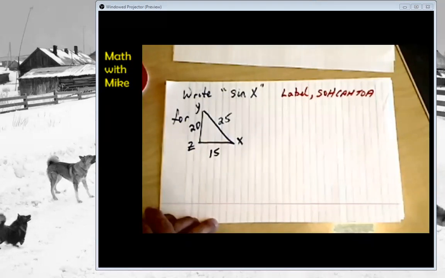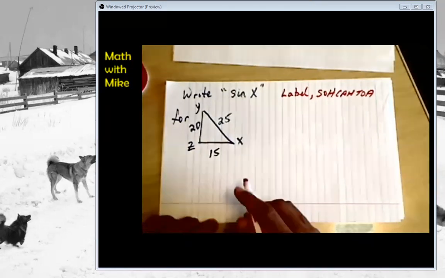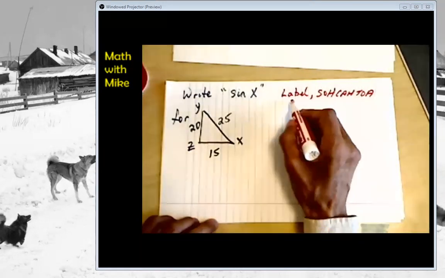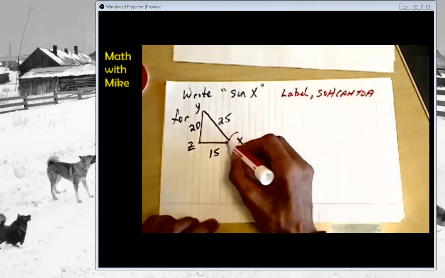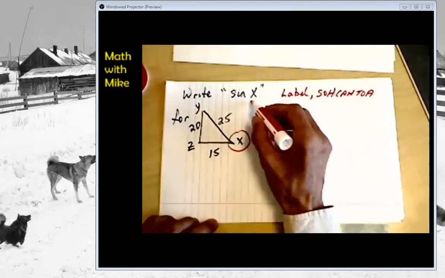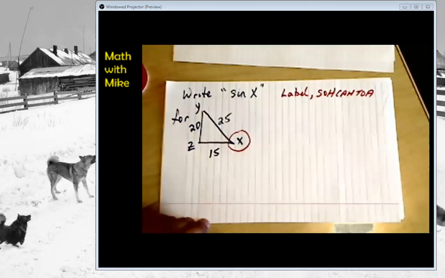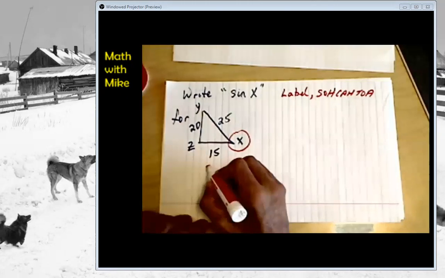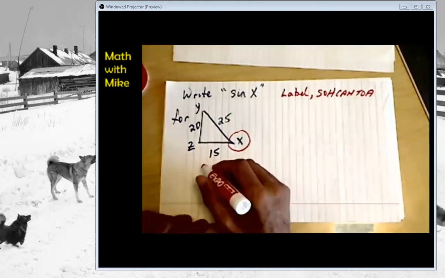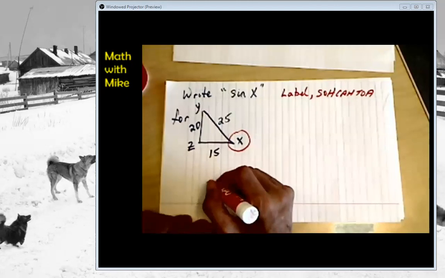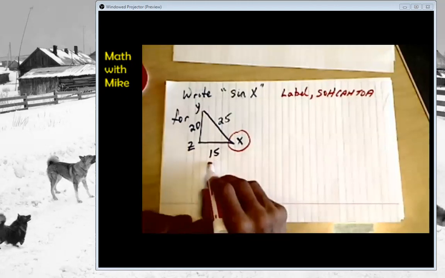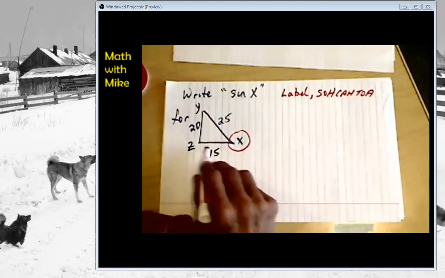Okay, so let's label the sides. Let's get that done. That's the angle we're looking at, so give it a circle. That means the 15 is what side? 15, yeah. What's the label that goes on that side?